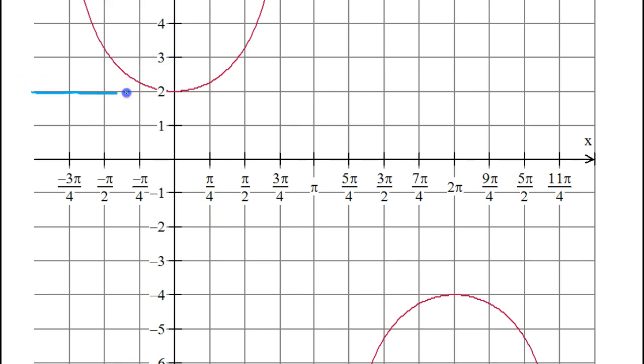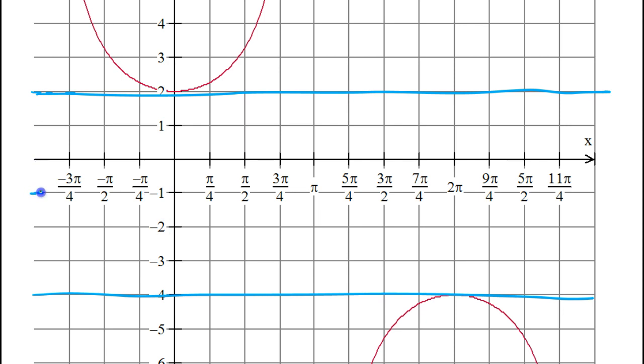Alright, so look, I see the bottom of this valley and I see the top of this peak. So I know the midline has to be halfway between these two. This is at -4, that's at +2. That means these are 6 apart. So if I go down 3, that should be the middle.